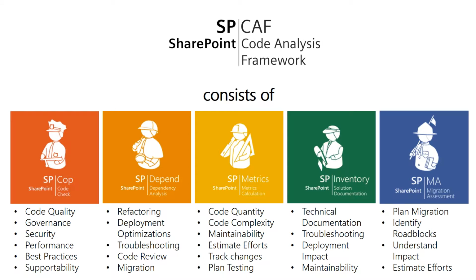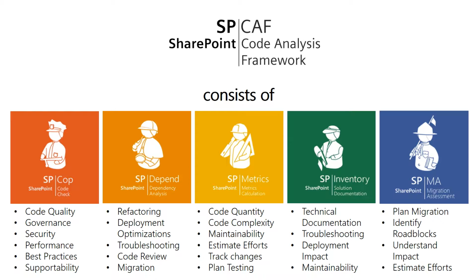SPCAF consists of 5 key components: SPCOP to verify the quality of the solution, SPDepend to show dependencies between the different artifacts in the solution, SPMetrics to provide statistics about your solution, SPInventory to give you an overview of the contents of your solution, and SPMigration assessment to help you migrate your solution.